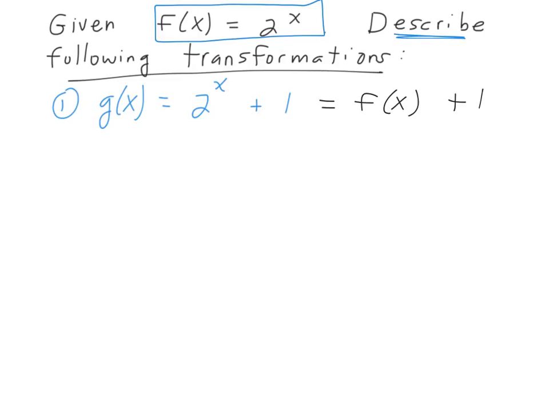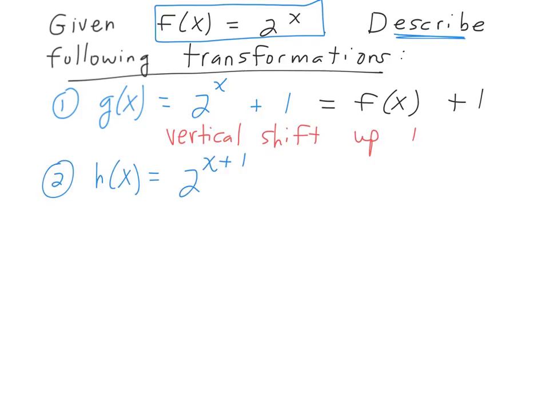Recall from earlier we said that when we add 1 to a function like that, we are going to shift up 1 unit. So we say we have a vertical shift up 1. Suppose we have this new function which we're calling h of x, and you see 2 raised to the x plus 1. So this time the plus 1 is part of the power.